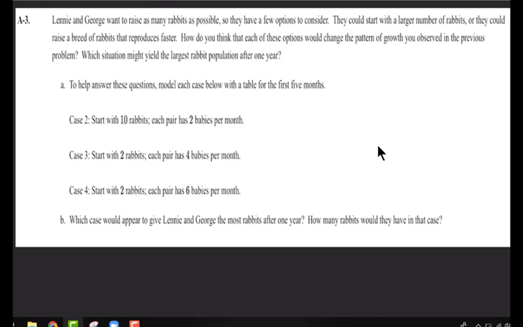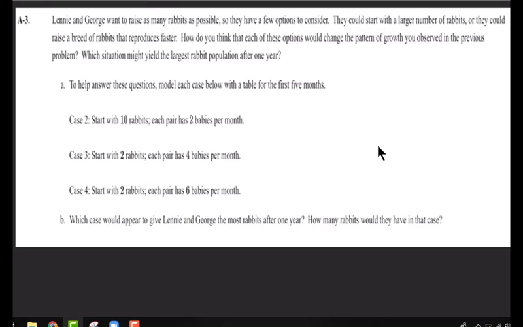Or case 3, these rabbits, if you had 2 rabbits to start with, but every pair ends up having 4 babies. So they have more babies, but they were more expensive, so they could only afford 2 to start with. And the fourth case was they could start off with 2 rabbits, but each pair has 6 babies per month.